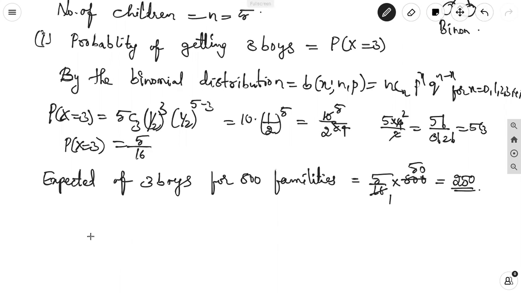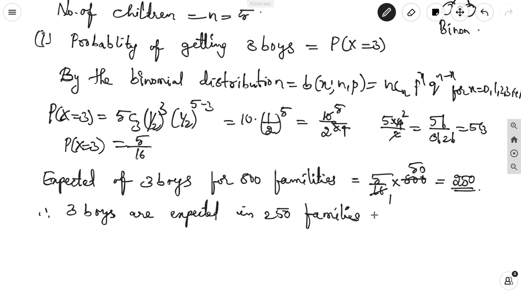So 250 families. Therefore, 3 boys are expected in 250 families. This is the first solution.